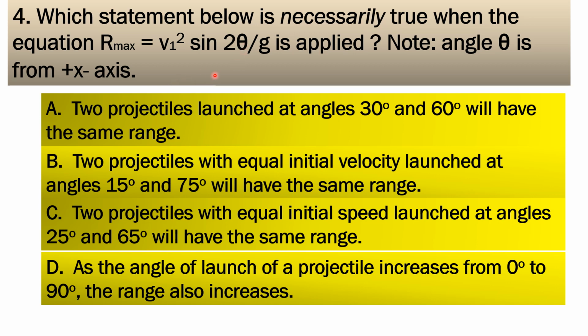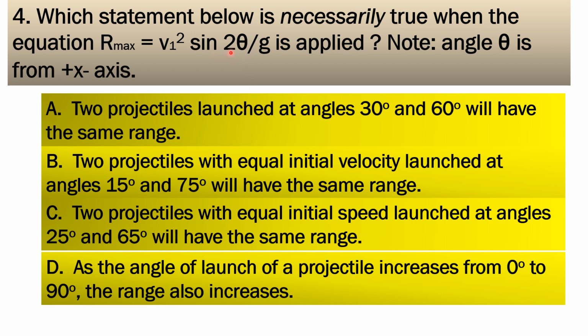The second one has an angle of 60. So what happens? You can check. Since we let vi equal a constant, we just look at what's going to happen to the R, or the horizontal displacement, if those angles are considered.